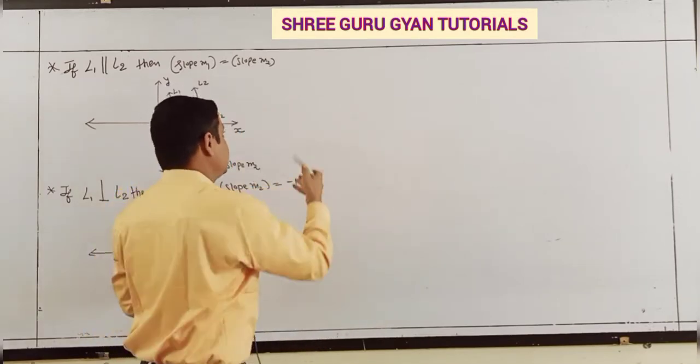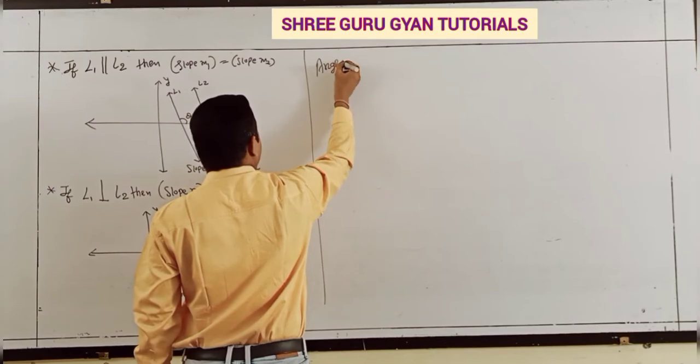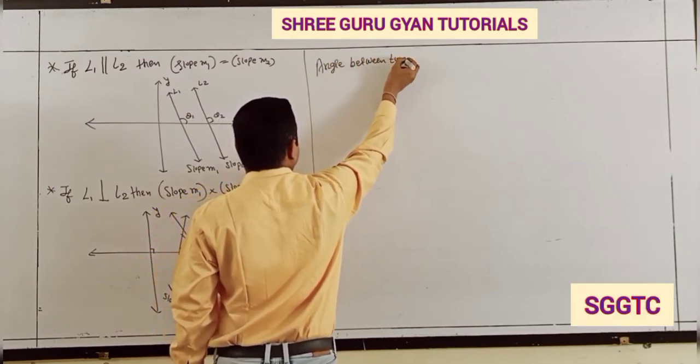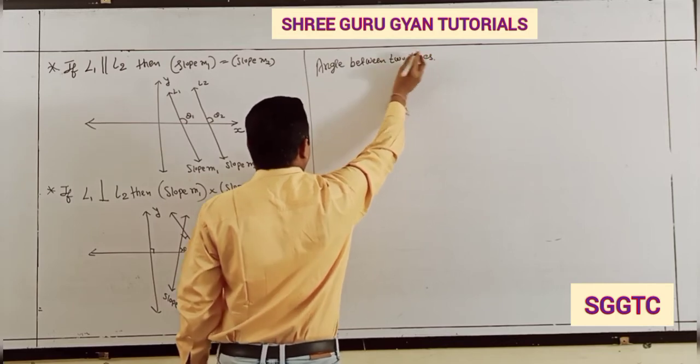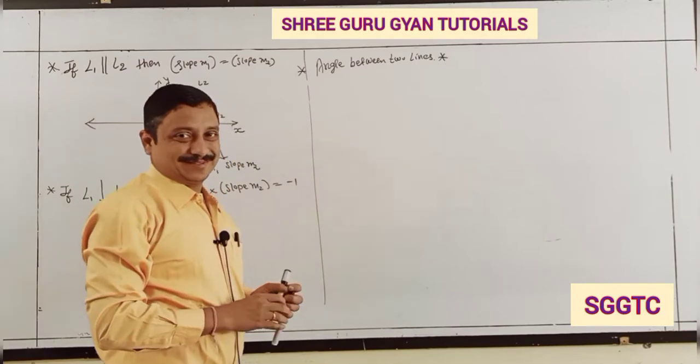Here is a new point: the angle between two lines. Yes, this is a major point. Here also there are 4 cases available.